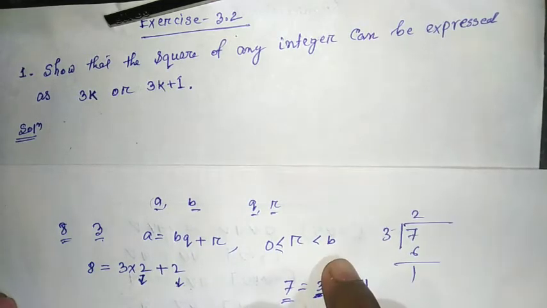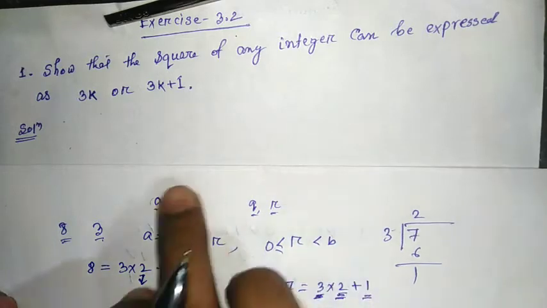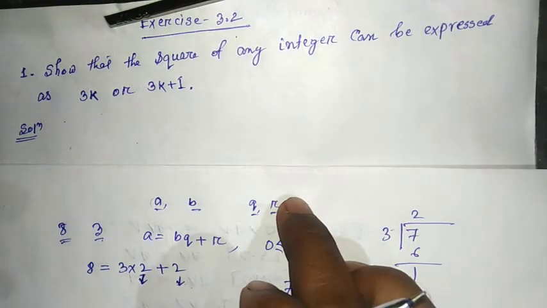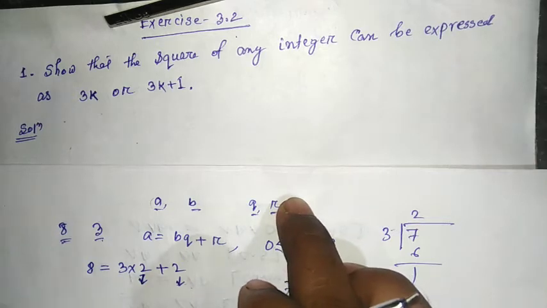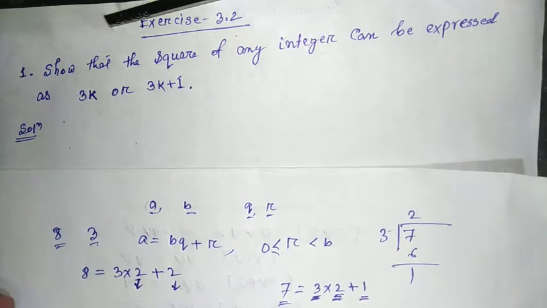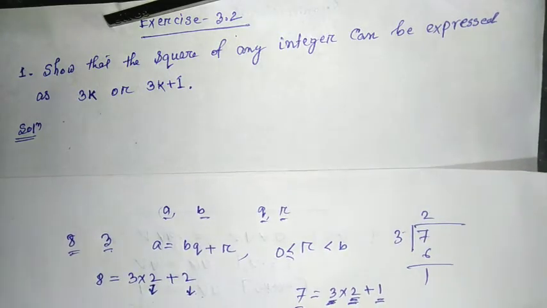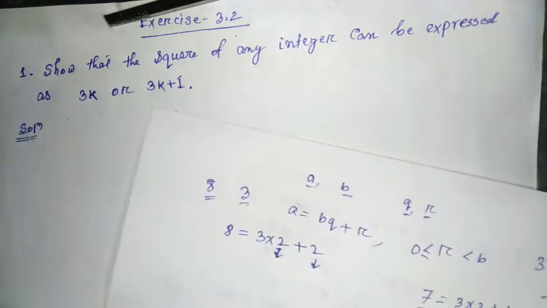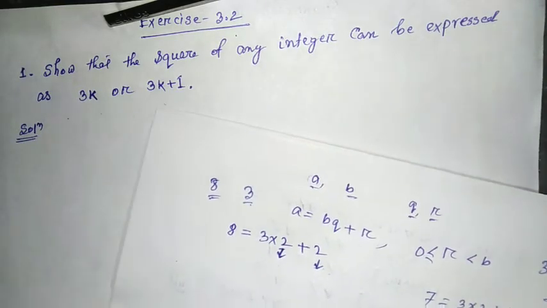So we are going to use the same formula in this exercise. All the sums of this exercise can be done with the division algorithm. It is similar to general mathematics. There are some problems in the first chapter, so you will solve them in the same way, very easy.